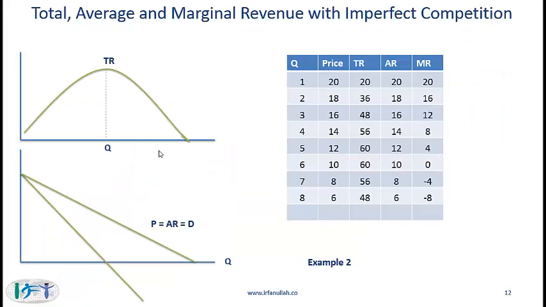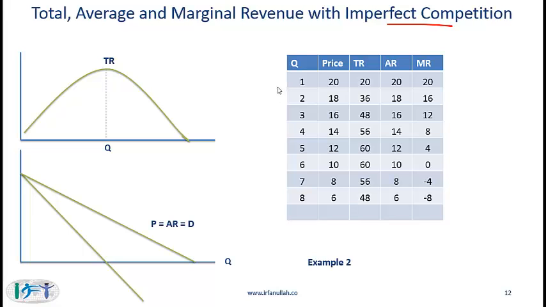Now we look at the revenue curves if there is imperfect competition. In this scenario, here is what's going on. Again, let's say you sell widgets. Now you are selling widgets where the amount you sell and the price are related.